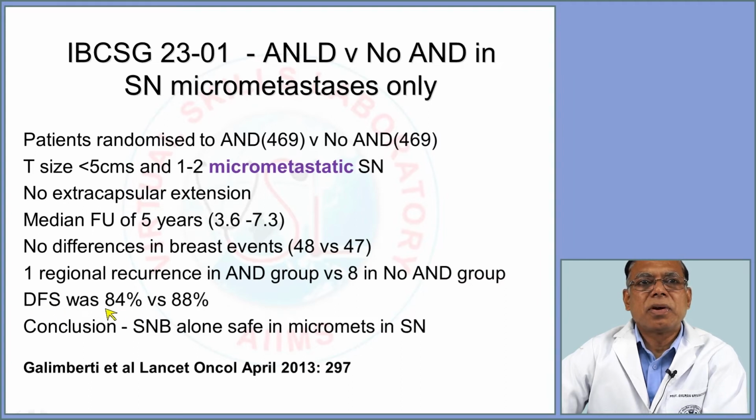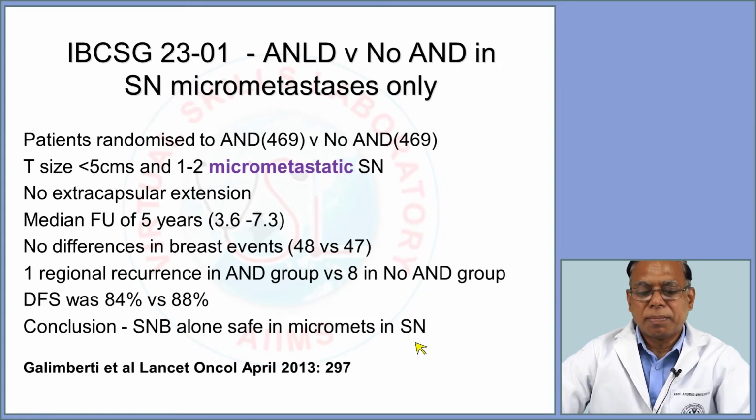The disease-free survival was 84% versus 88%, whether you perform the axillary node dissection or not. So the conclusion is that with sentinel node biopsy showing micrometastasis alone, it is safe if we leave the axilla untouched and offer other forms of adjuvant therapy.